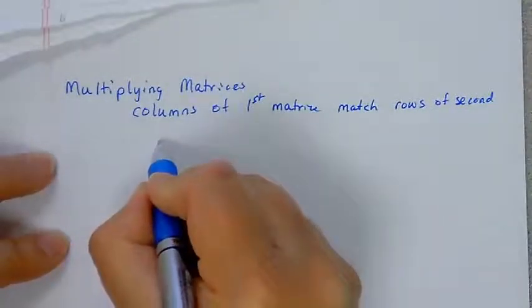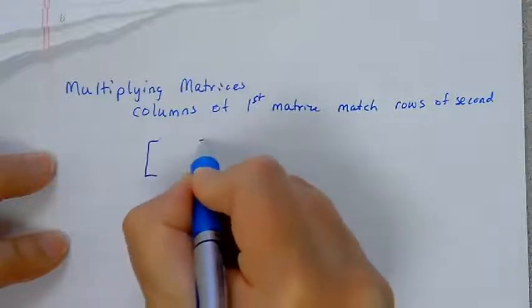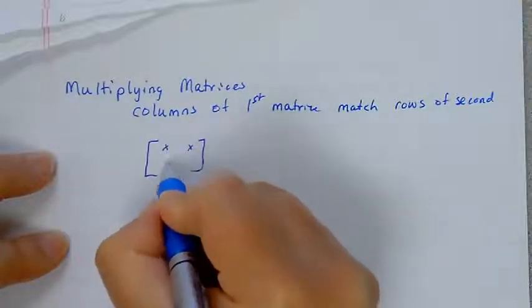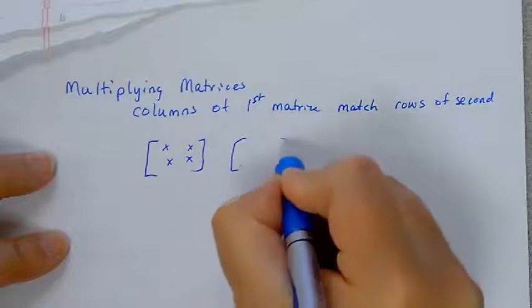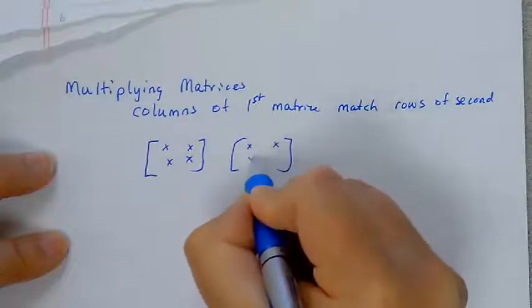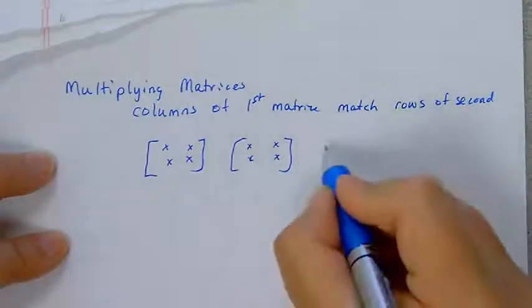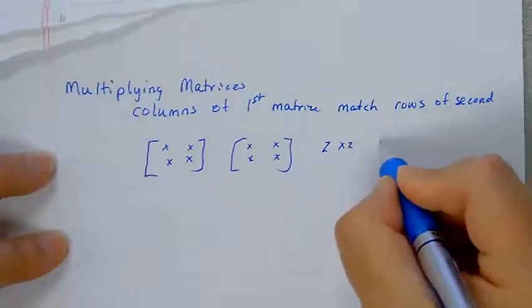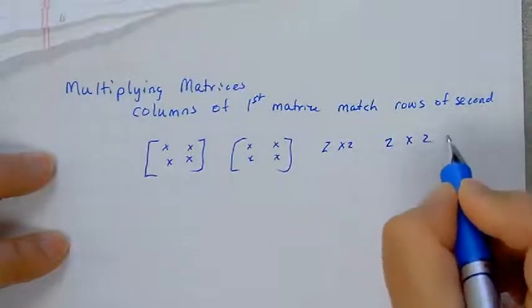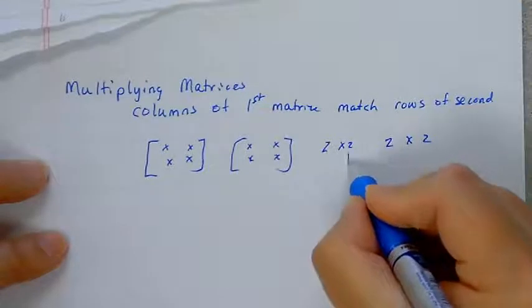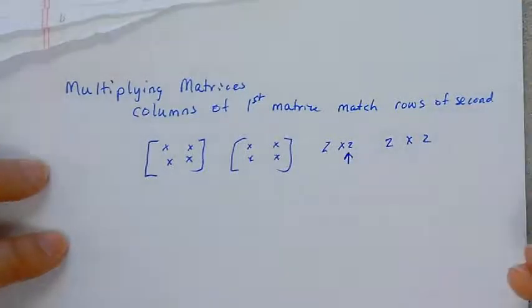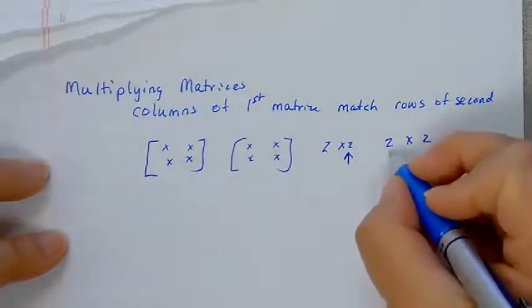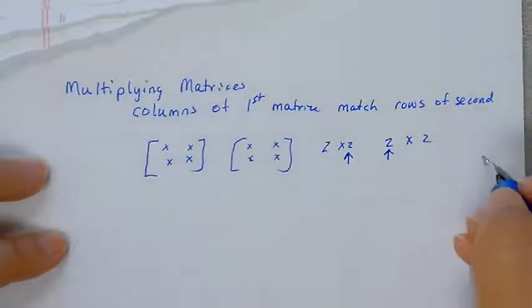Let's say I have a 2 by 2 and I'm multiplying it by a 2 by 2. This number would be the columns of the first matrix, and this number would be the rows of the second.